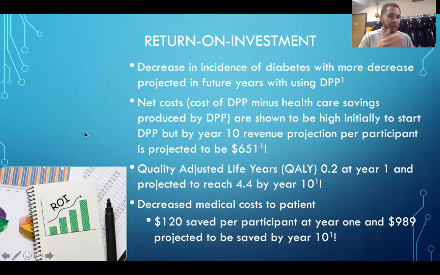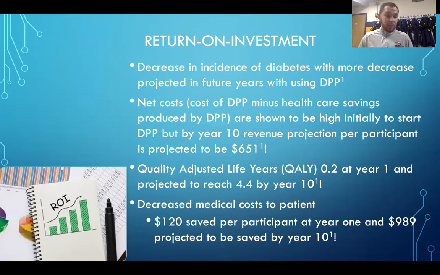So, return on investment, like we were talking about earlier. The return on investment calculated for this study showed a decrease in incidence of diabetes, with more decreases projected in the future with the diabetes prevention programs. Second, the net cost, which is the cost of the program minus the healthcare savings produced by the program. It's shown to start high in the beginning, where they're actually losing money because they're putting money in to start the program.